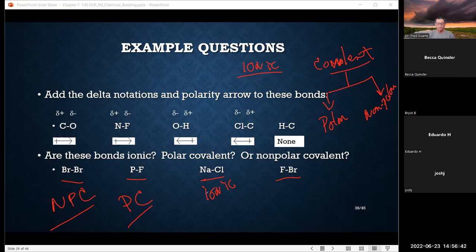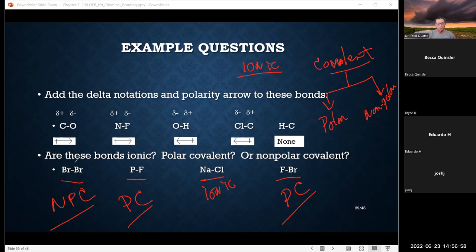We talked about sodium chloride already, and for the fluoride and the bromide, we have two dissimilar nonmetals, so therefore we have a polar covalent bond.